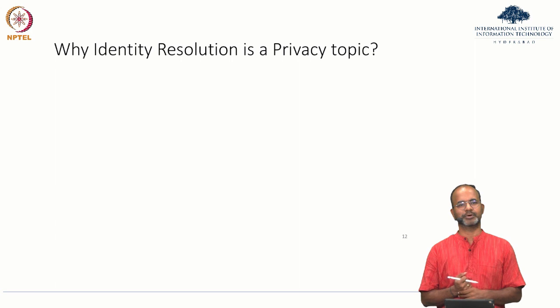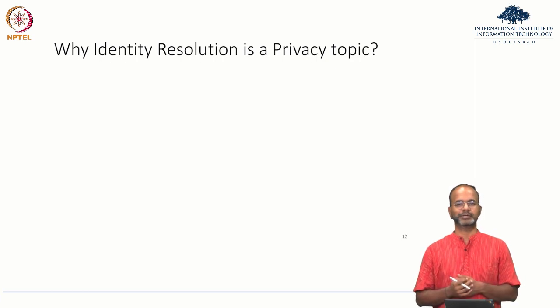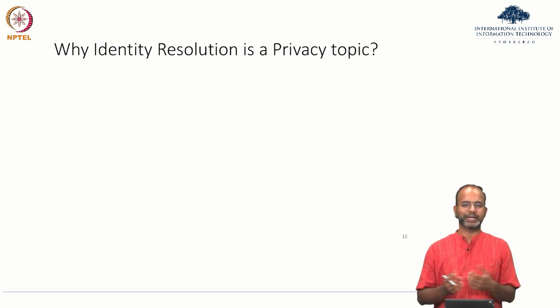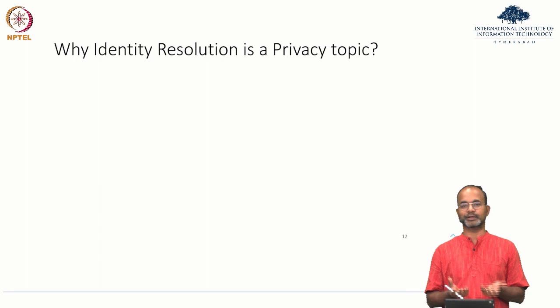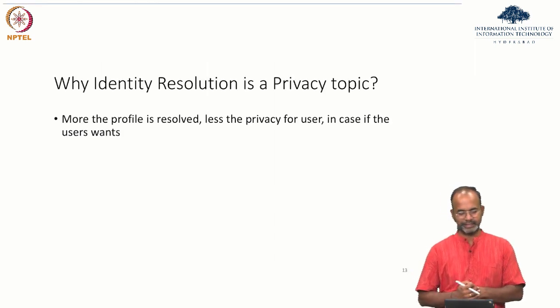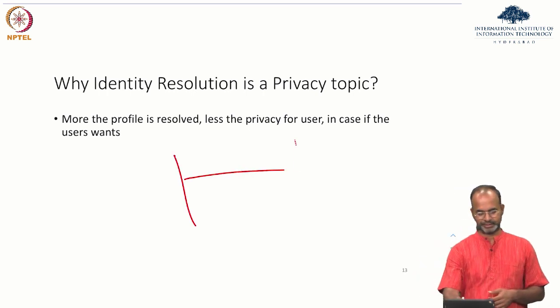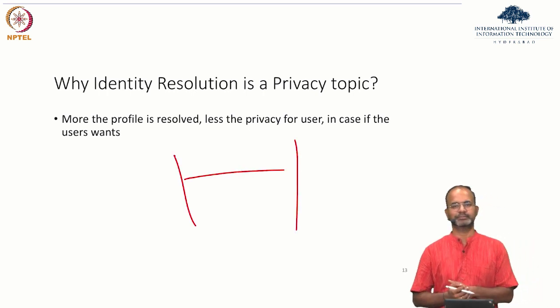If you just think about it for a second, the anonymity topic that we talked about is what makes it relevant to privacy. The more the profile is resolved, the less privacy there is for a user, if the user wants it. It's the same thing that I said earlier about the spectrum.